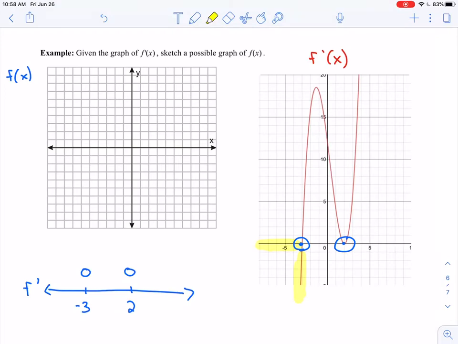Is it positive or is it negative? Another way I can ask that question: is it above the x-axis or below the x-axis? Well, all of these values over here are below the x-axis. If it's below the x-axis, the derivative must have a negative value. So my derivative is negative. That tells me that my original function is decreasing on that interval.